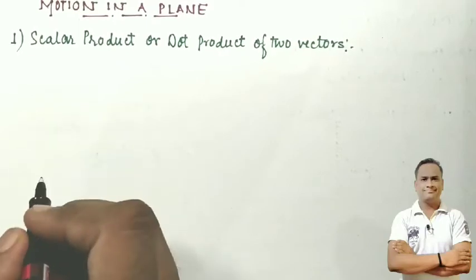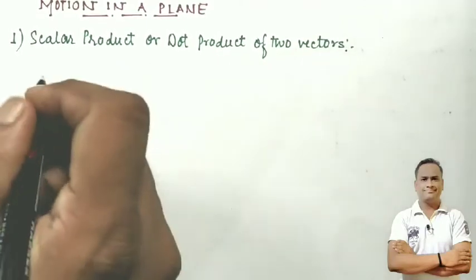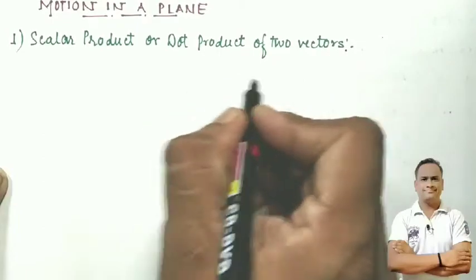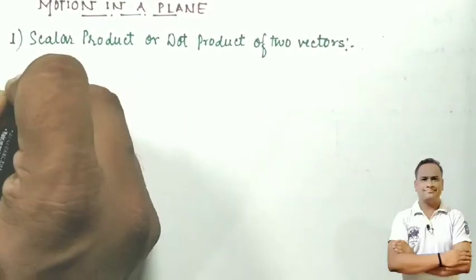If we are going to multiply two vector quantities, what does this product say?